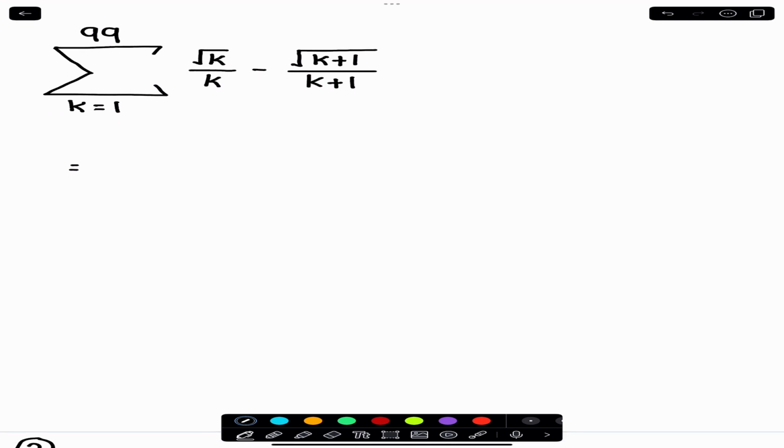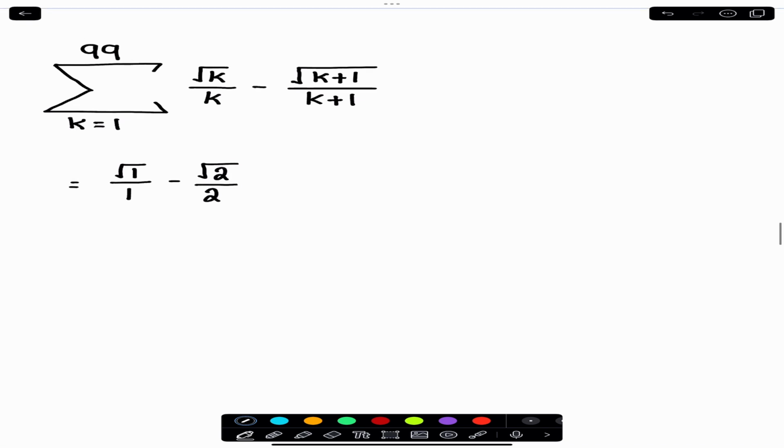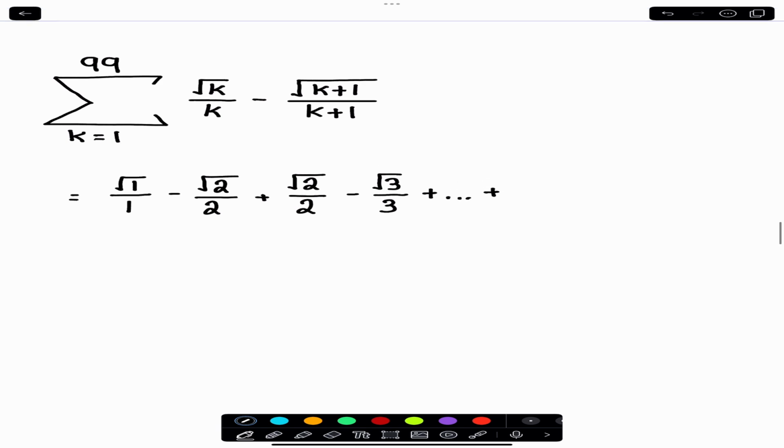So when k equals 1, we first have a term that looks like this. When I plug in k equals 2, I get a term that looks like this. And this is going to continue until, let's see, when I plug in k equals 98, I'm going to get something like this.